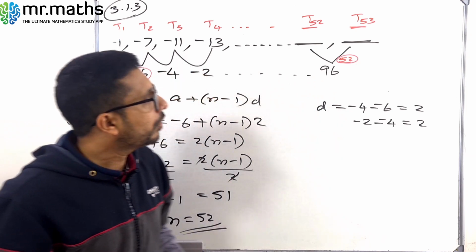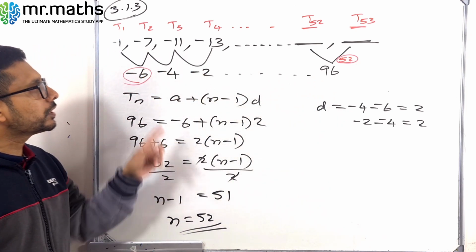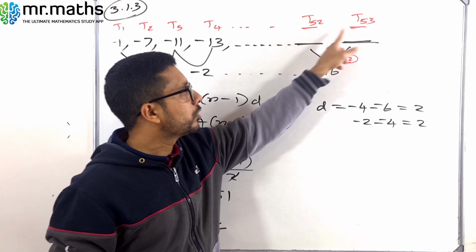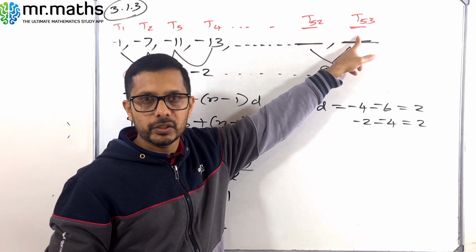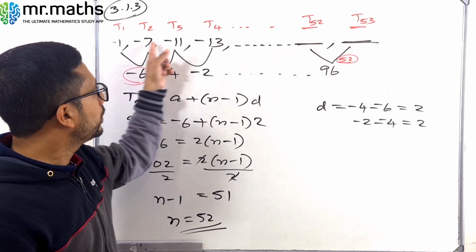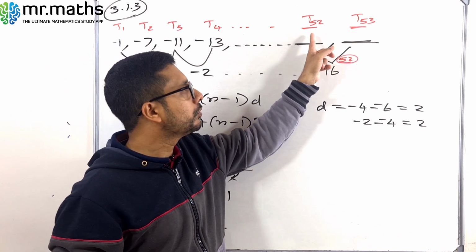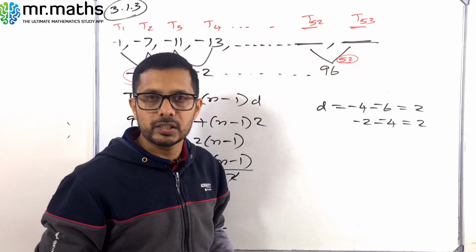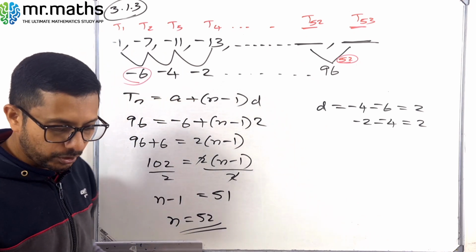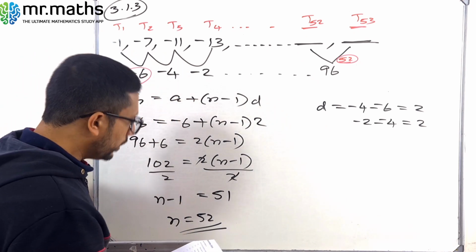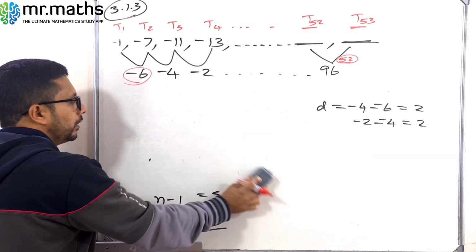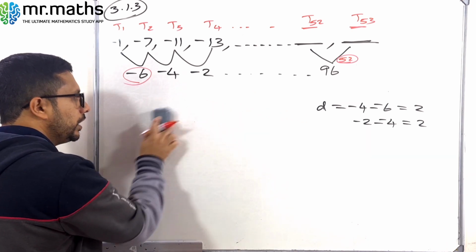Okay, so now, in this sequence, what is actually the question? What are these two numbers? That's what we want to find. So now in this quadratic sequence we have to find the 53rd and 52nd terms. That is what we have to find. In the previous question we already found a general equation for Tn.